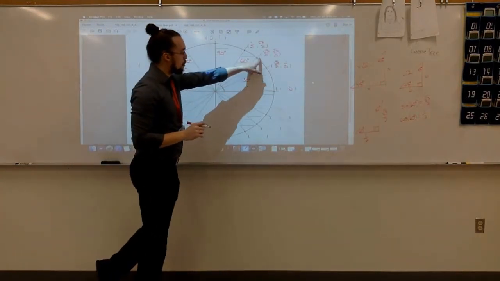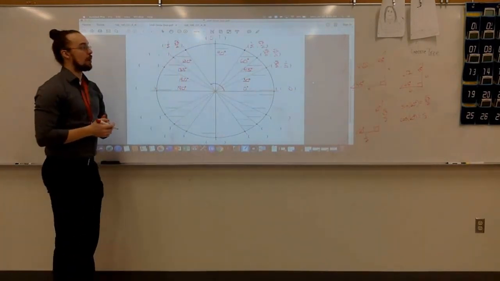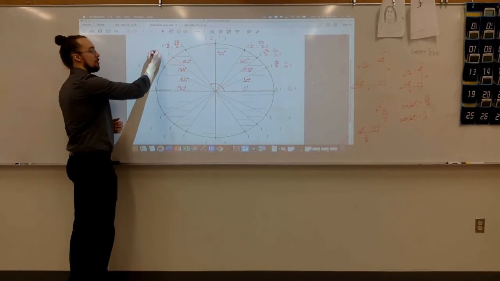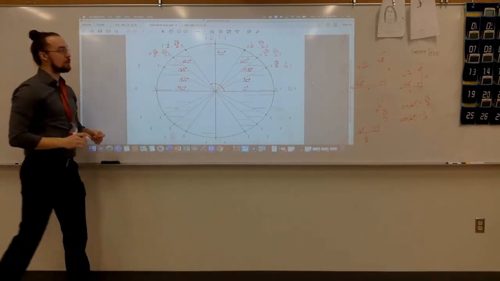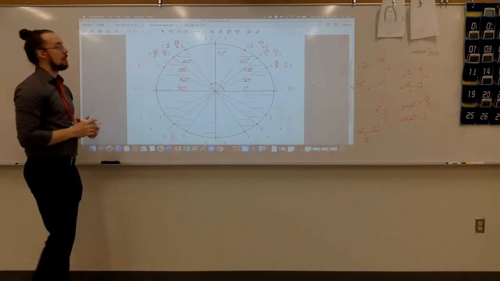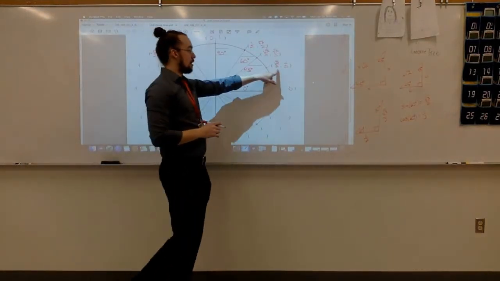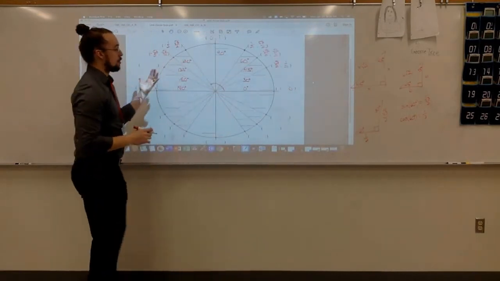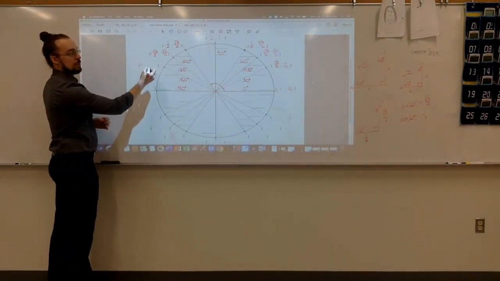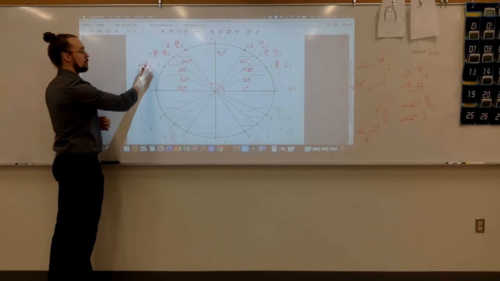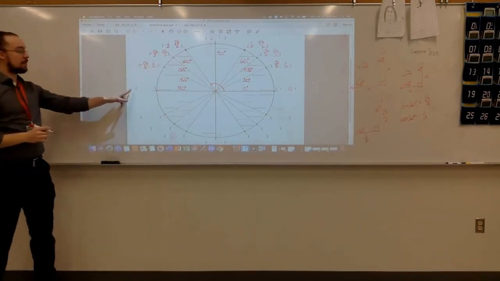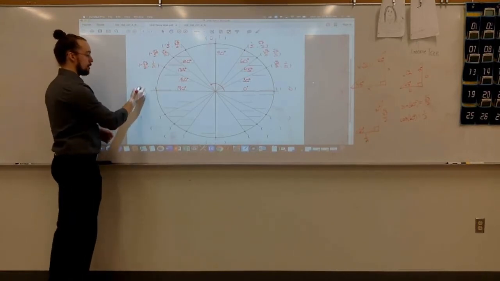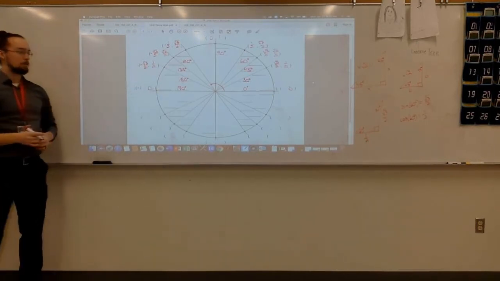This point will be negative square root of 2 over 2, square root of 2 over 2. This point will be negative square root of 3 over 2, 1/2. And then finally at 180 degrees will be negative 1, 0.